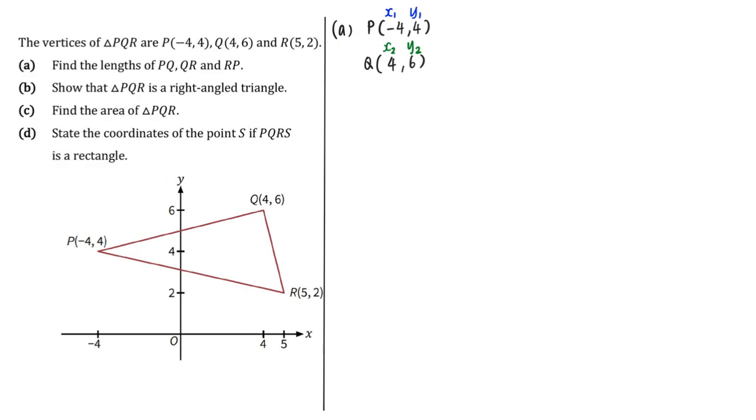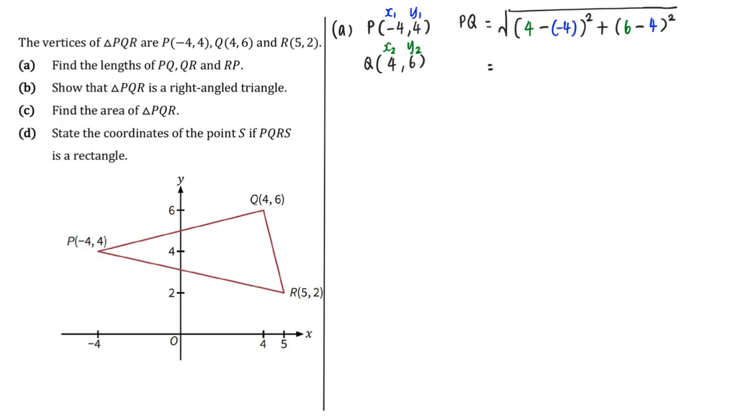From here, I would be able to get my PQ pretty straightforwardly. It is simply the square root of x2 minus x1 squared plus y2 minus y1 squared.